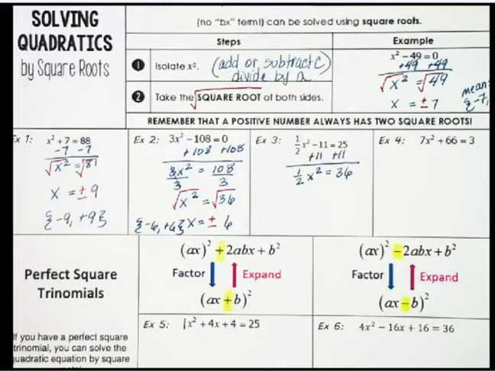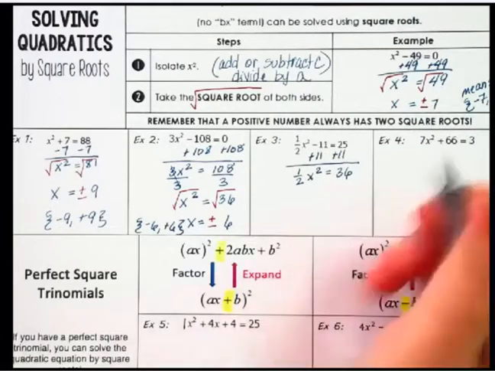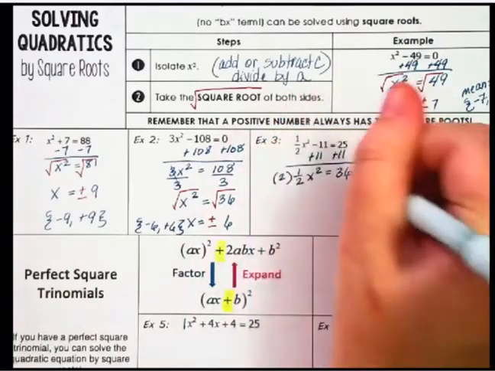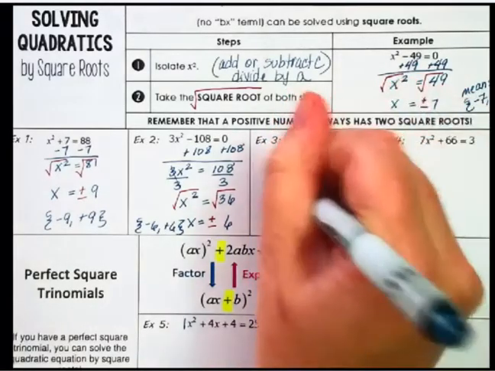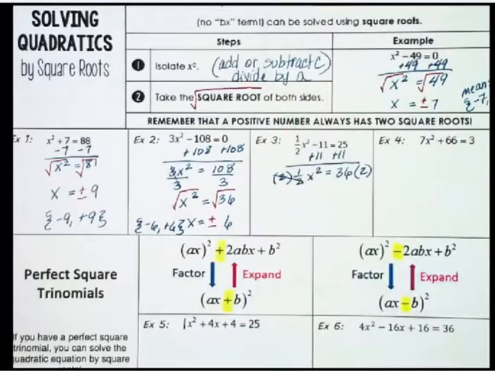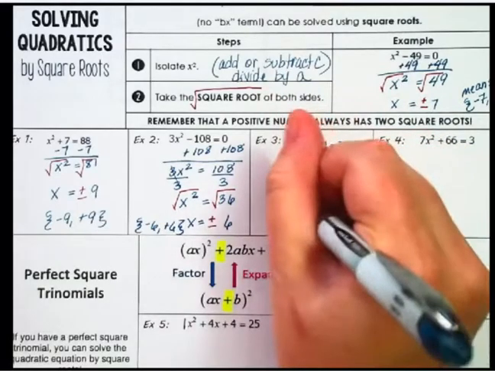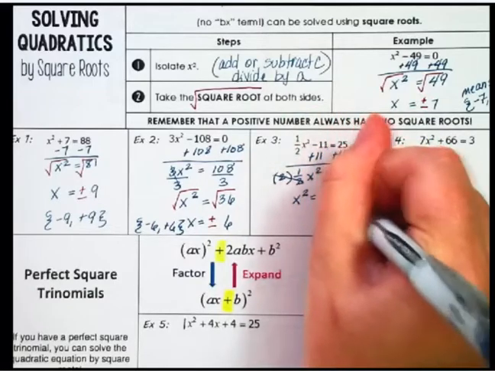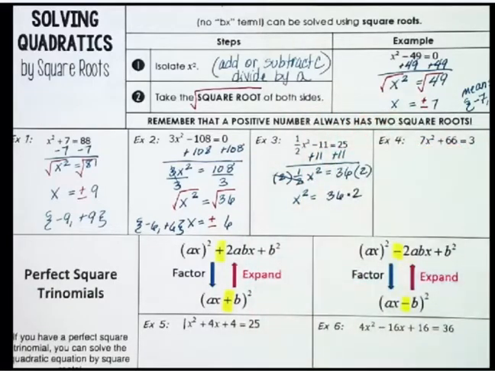Well, to get rid of the 1/2, I'm going to need to multiply both sides of the equation by 2. Okay, and so now I have x squared equals 36 times 2, and I'm going to leave it written like that on purpose. I'll show you in just a second.